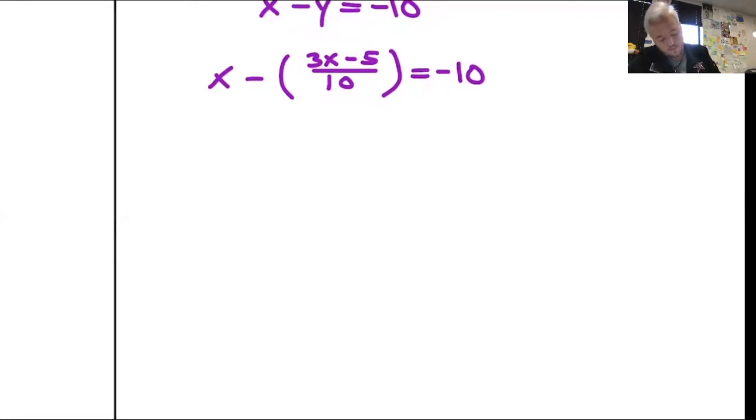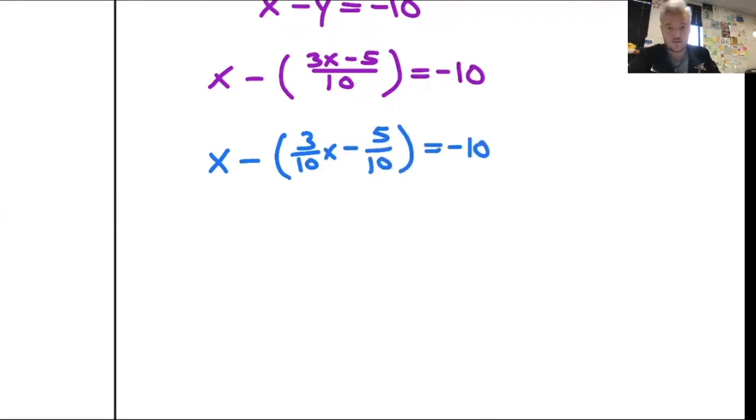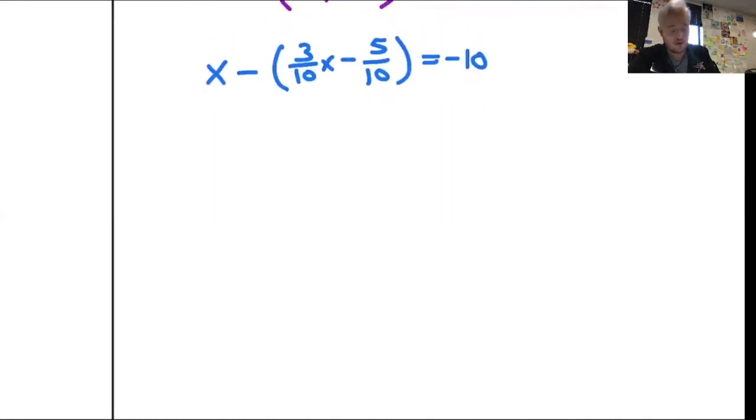So I'm going to separate it: x minus 3/10 x minus 5/10 equals negative 10. Now I'm going to simplify. So x minus 3/10 x minus 1/2 equals negative 10. Now I'm going to distribute this negative here.